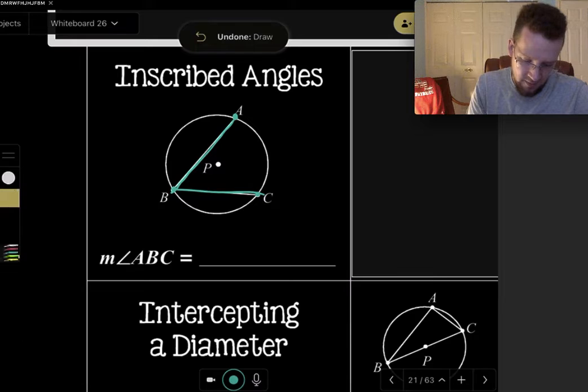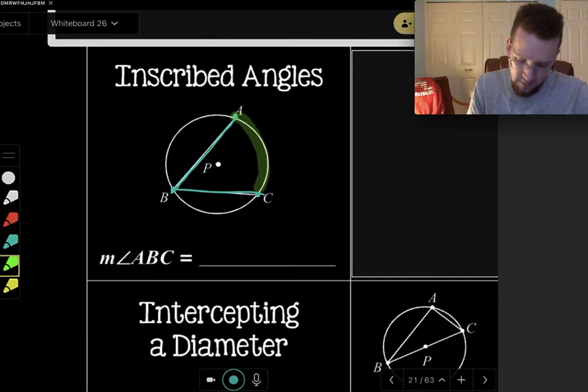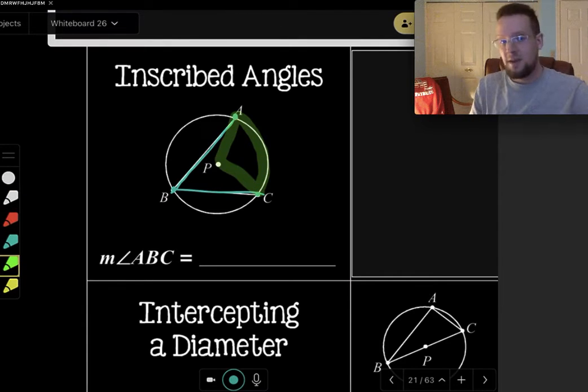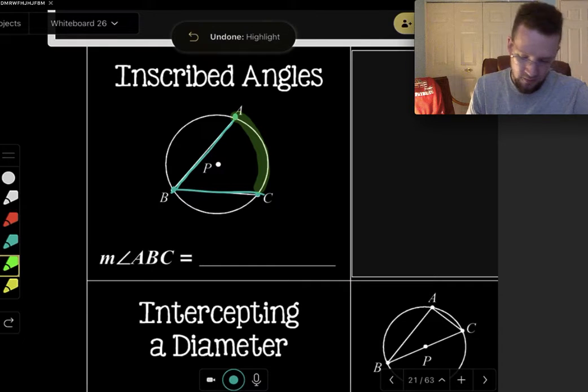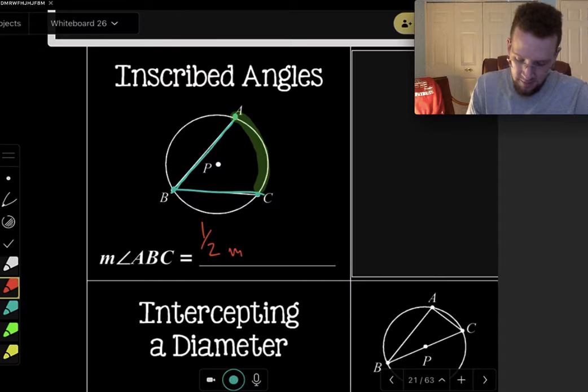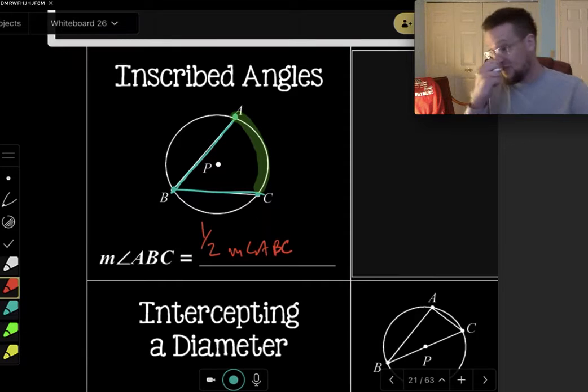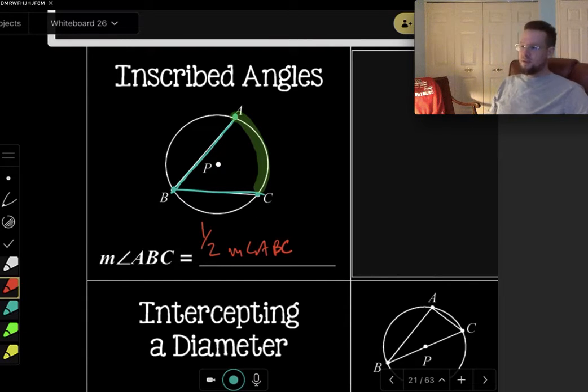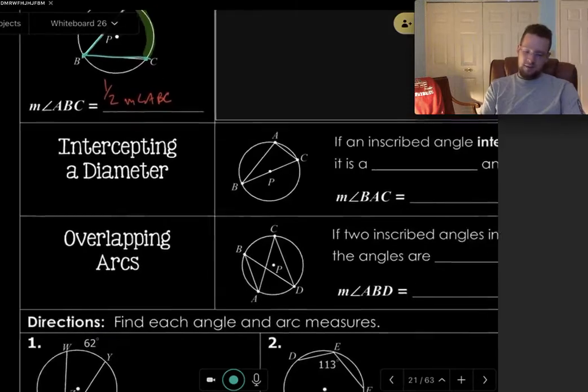Let me do some highlighter. Yeah, that looks better. Remember that it would be a central angle. If we want to find AC, this is going to be simply 1/2 the measure of ABC. Really nothing to it. This is just half of the arc measure. Very, very easy concept to grasp.